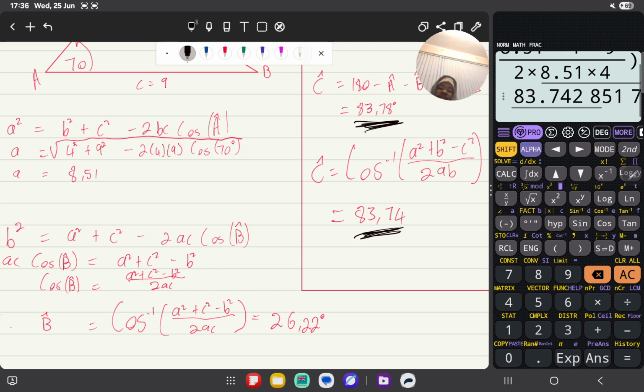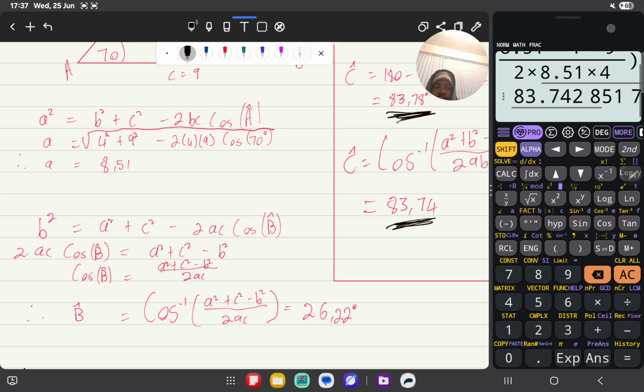But it is very clear that our answers are just apart by how many units? 0.04, right? They are actually very close to each other. So yeah, cosine rule, it really works, right? Cosine rule works. Right.